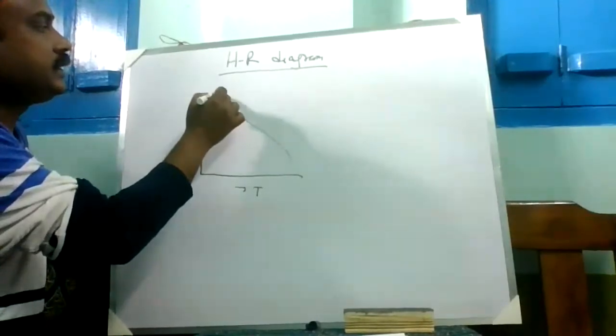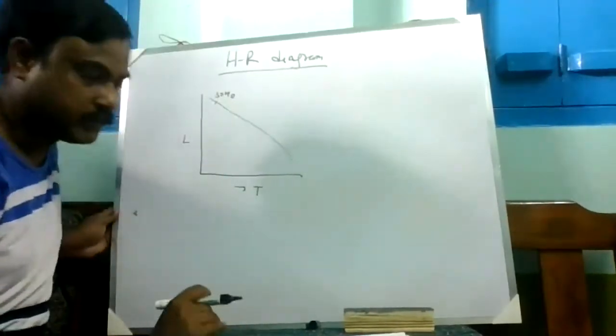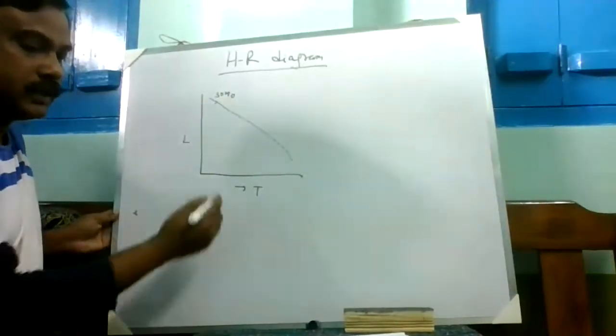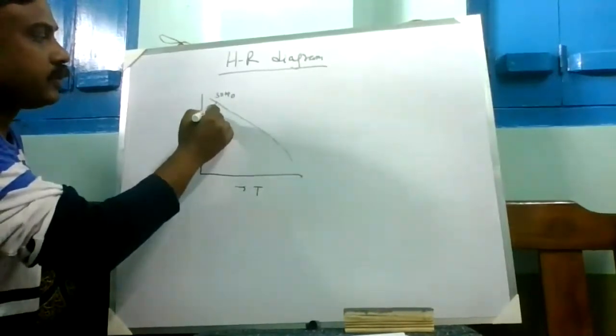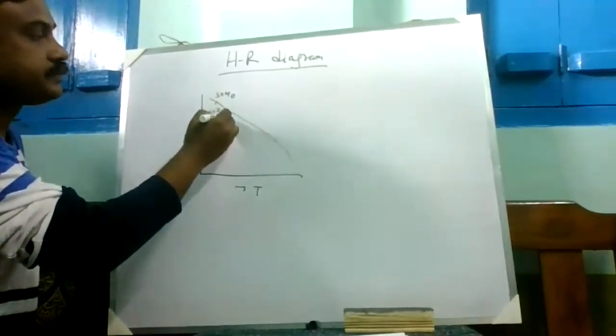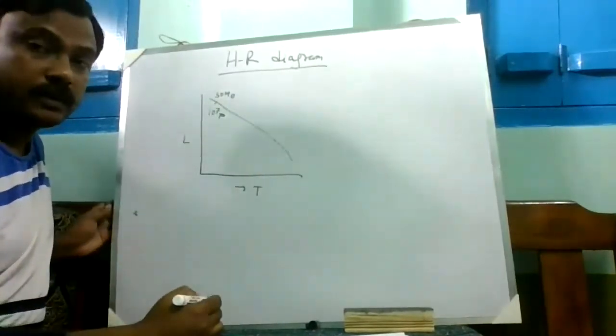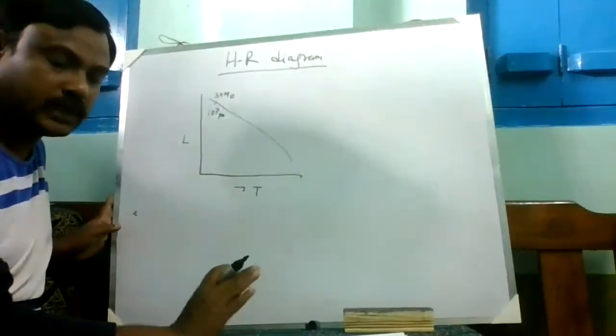This is a 30 M0 mass star. M0 is the solar mass. Its lifetime is very small, 10 to the power 7 years. It is not so small, but small compared to the lifetime of sunlike stars.